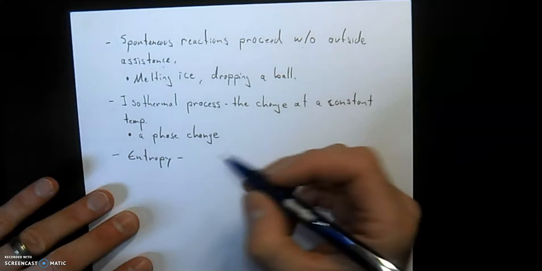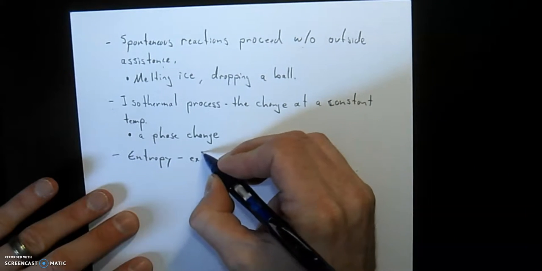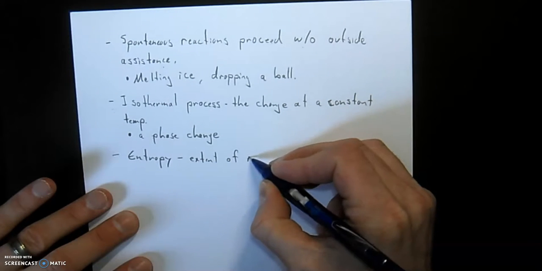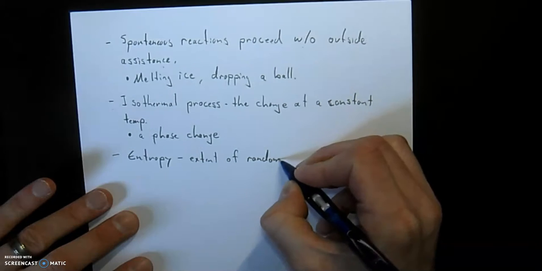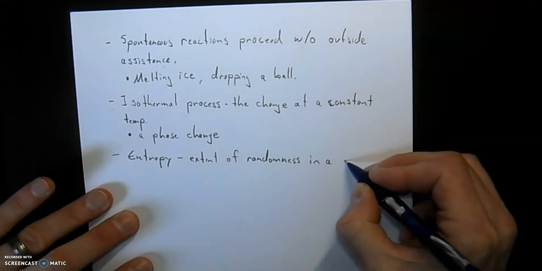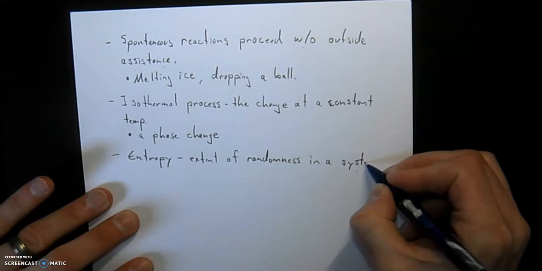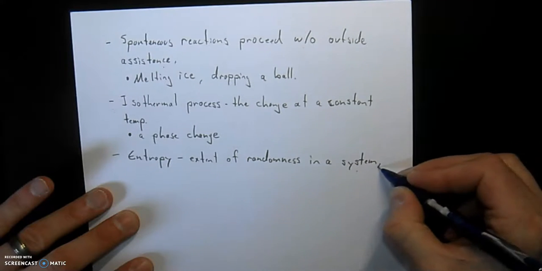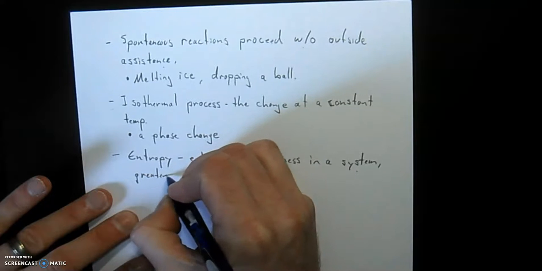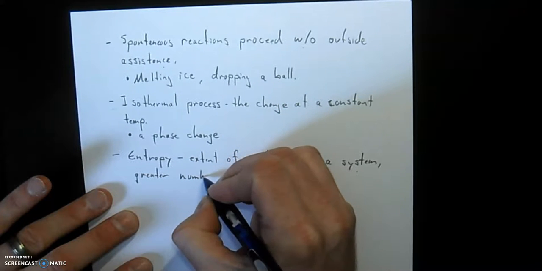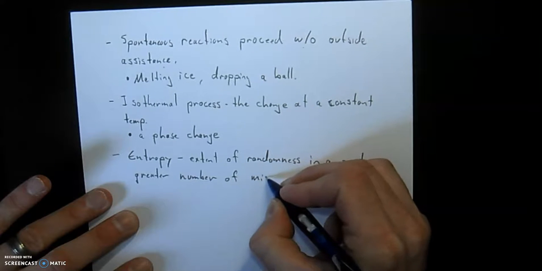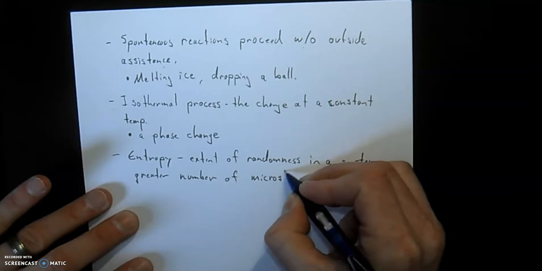But entropy is the extent of, and you've probably heard this before, I think we've talked about it, randomness in a system. And given the greater number of microstates.